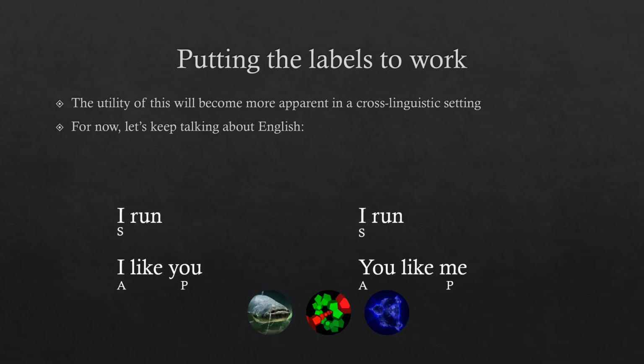So we can put in these annotations that you've all figured out for the S, A, and P. What we can notice in English is that when a pronoun has different case forms, the intransitive subject and the transitive agent have the same form.